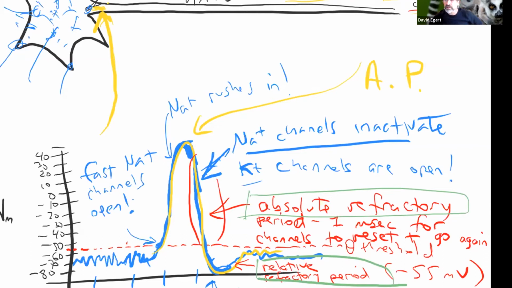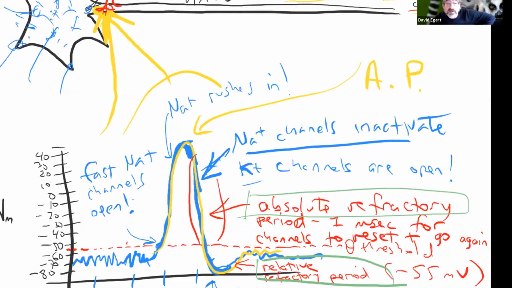All right, so what we're going to do now is remember everything we've been describing here was happening right here at the axon hillock. As the membrane at the axon hillock went over threshold, all of a sudden we started this whole chain reaction, and it got all positive here.